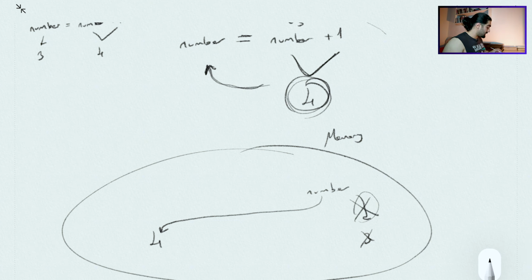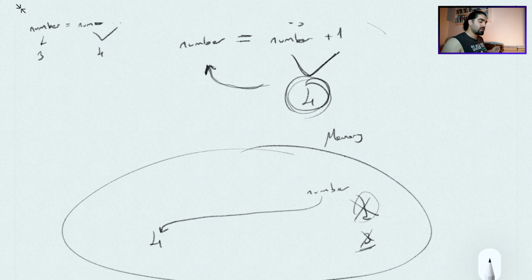So what we can understand is that number is still a reference, but not for 3. It's a reference for 4. Now, what's going to happen to this 3 is very important to understand. We have something called the garbage collector, as I mentioned in our previous video.